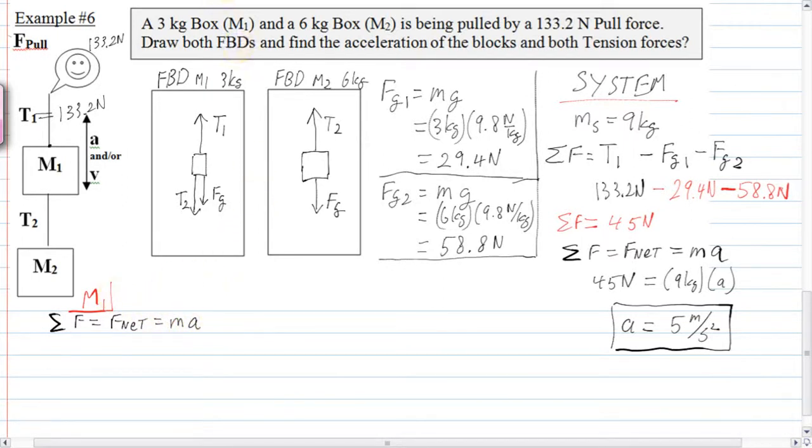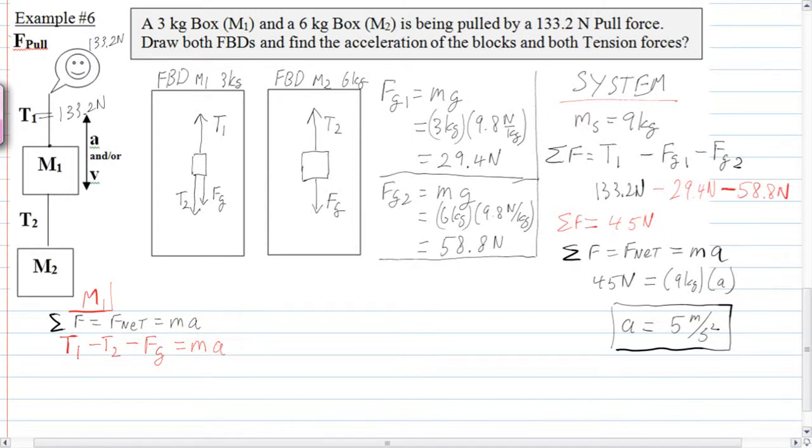And the forces, I'm going to erase it because I don't want to ruin my free body diagram, but the object is traveling upward. Why? Because when I did this, I assumed that the tension 1 was pulling high. I said 133 was positive, the other ones were negative. And it did turn out that the acceleration here was upward at 5. So this is upward at 5. So that T1's winning, the other two are losing. So T1 minus T2 minus the force of gravity is equal to ma.